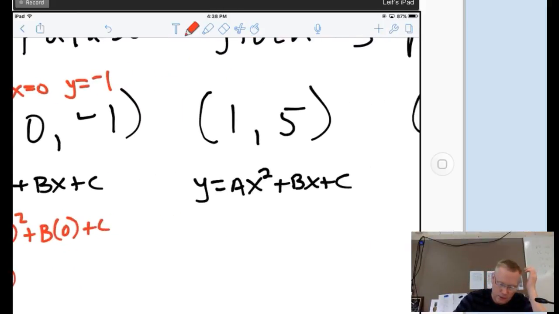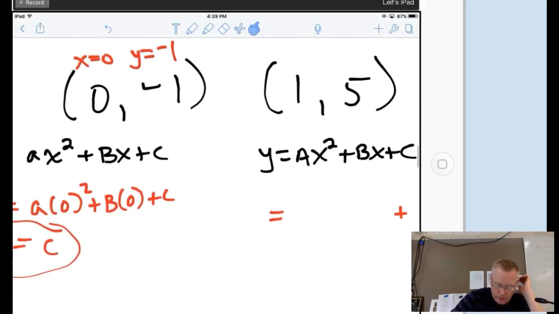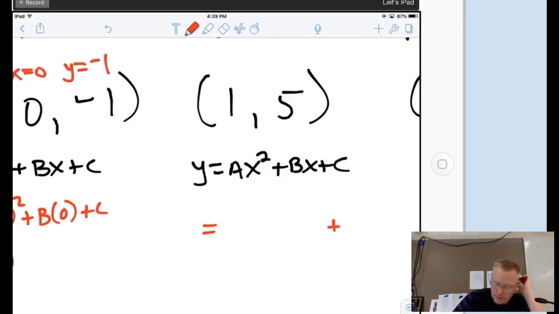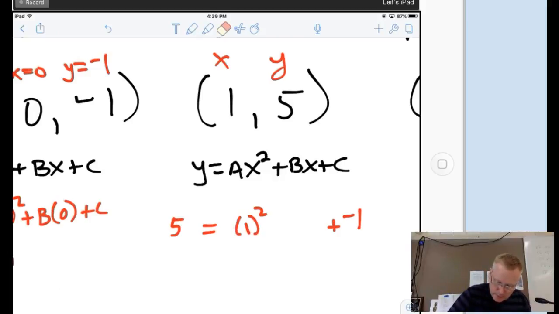Next I'm going to go over here, and I'm going to put my c over here, which was -1, there, okay? And now I'm going to use this x and this y. Y is 5, and I've got a times 1 squared, just make that capital stay consistent, plus b times 1, all right?